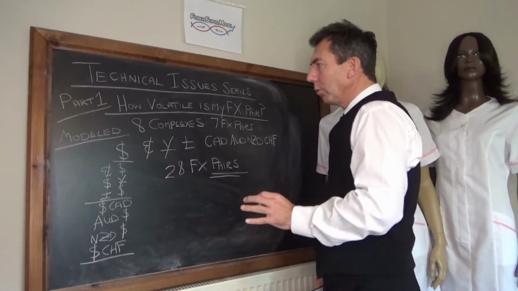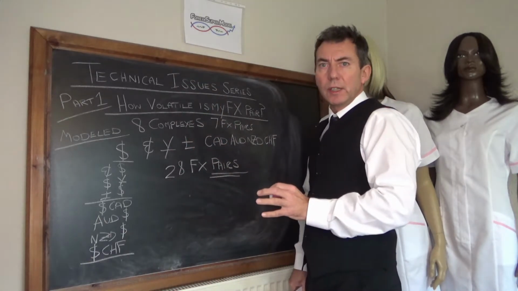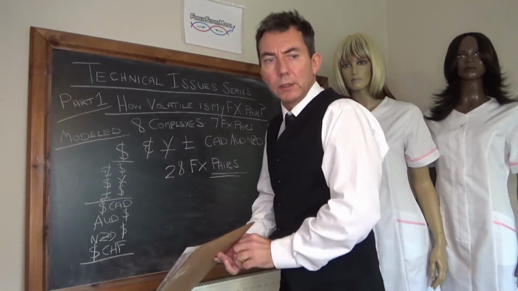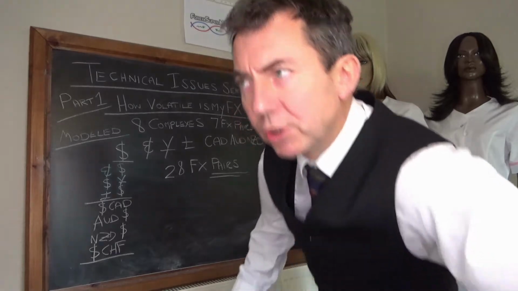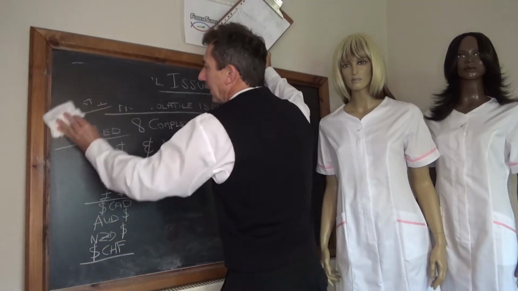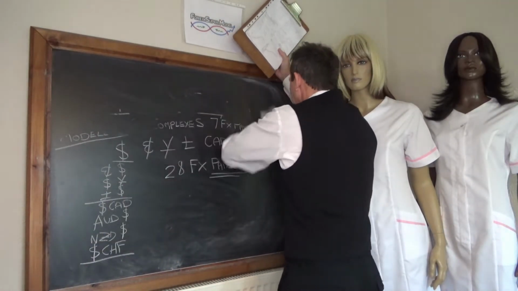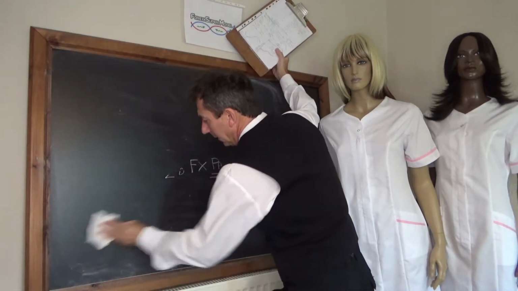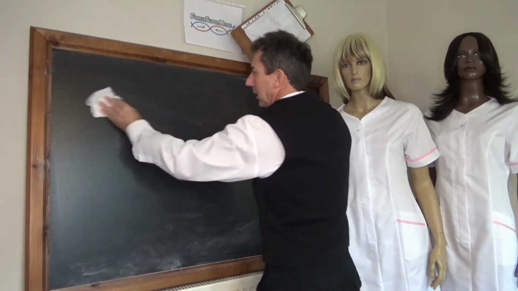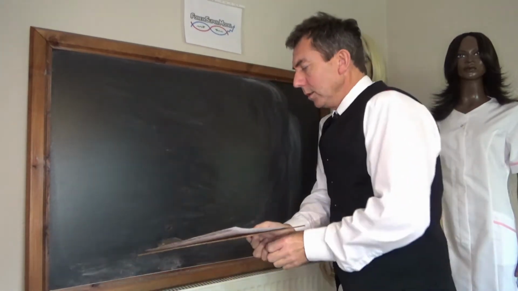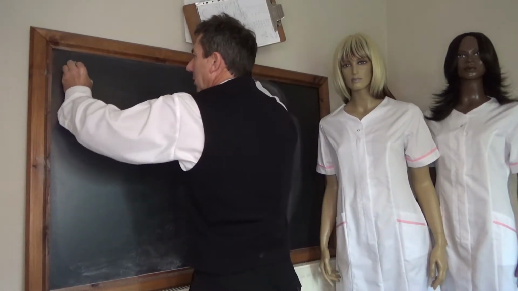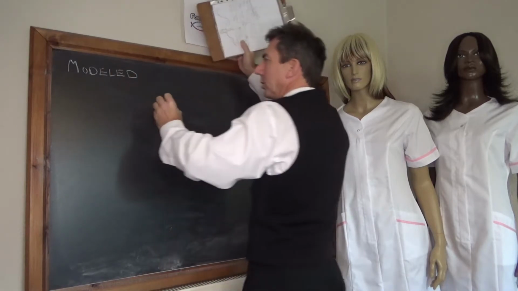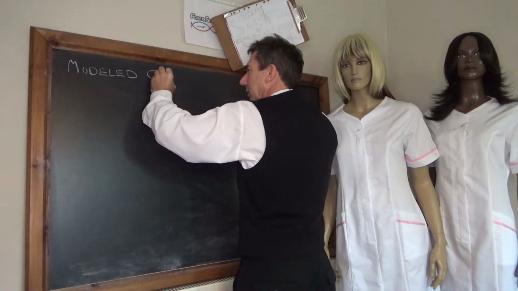So what we're going to do in a minute is rank those FX pairs, but before we do that, we're going to look at the overall picture in terms of complexes. So remember, these are modelled from the Forex Super Model complexes.